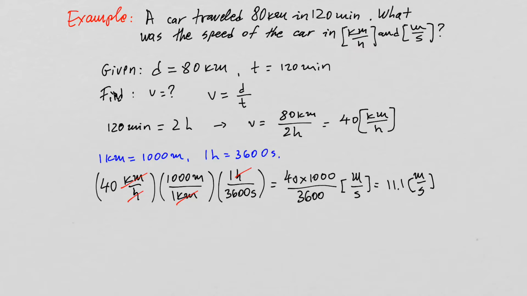In this particular example, kilometers per hour and then meters per second. If you have to do conversions, you can do the conversions before the calculation. If you want to do conversions after the calculations, you must be careful with that conversion so that you do not get the wrong answer. I personally advise that you always do the conversions before the calculation, just like we did here, and then go from there.